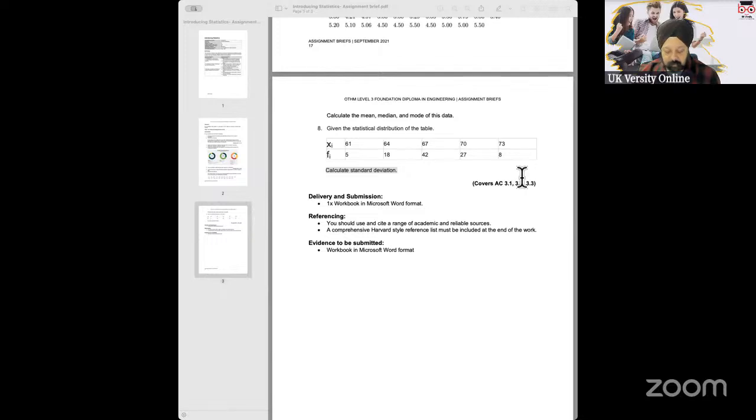A quick screenshot of the formula. So that is what is called standard deviation. Let me bring you into this slide.